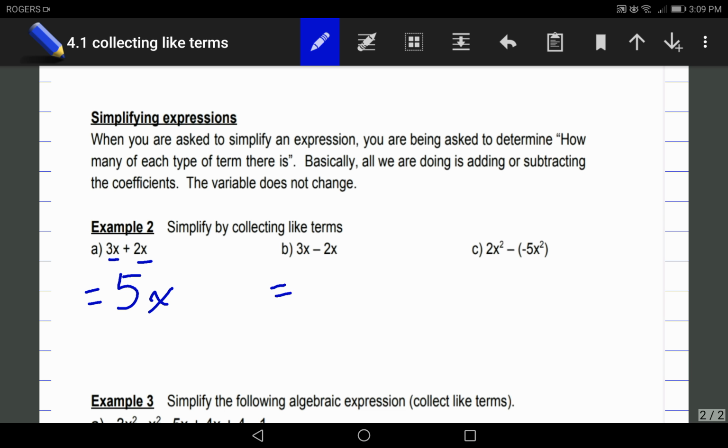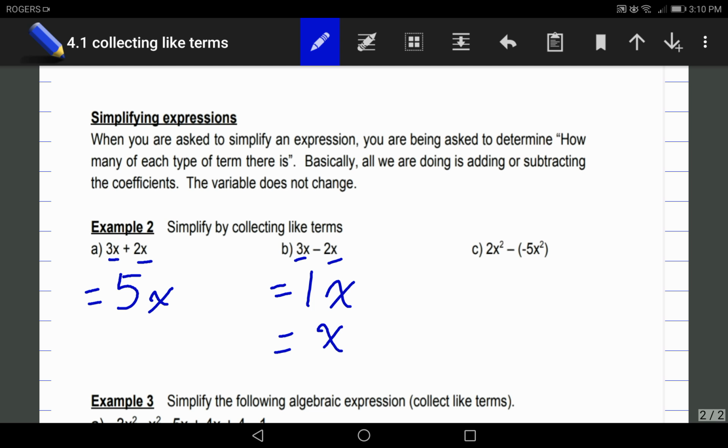Next, once again, check if they are like terms. They are. And again, there are two terms. They each have an x variable. And 3x minus 2x is 1x. Now, in math and in algebra, one of the rules, and it's not really a hard rule to follow, is that when you have 1x written out, it's understood that it's just x.